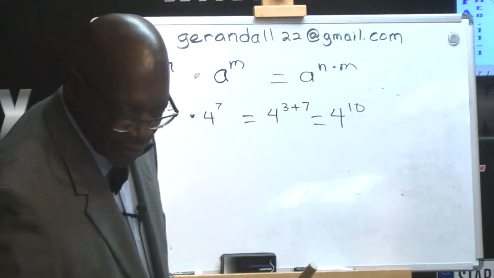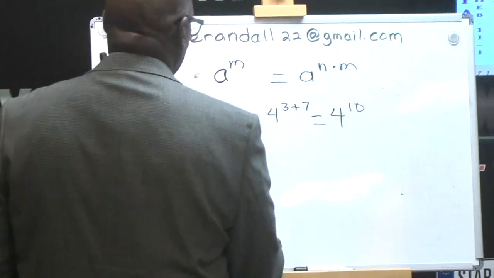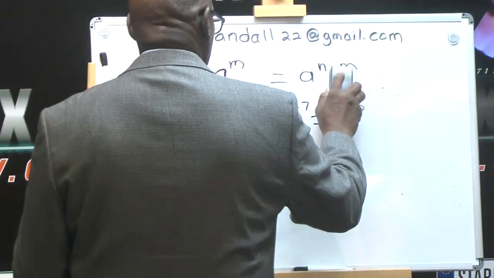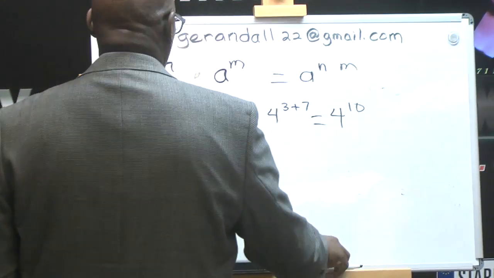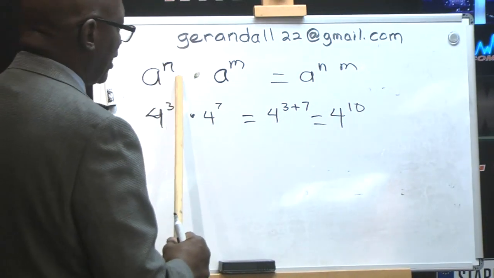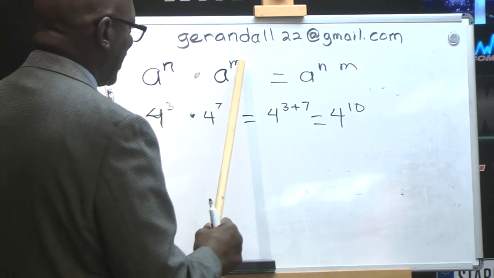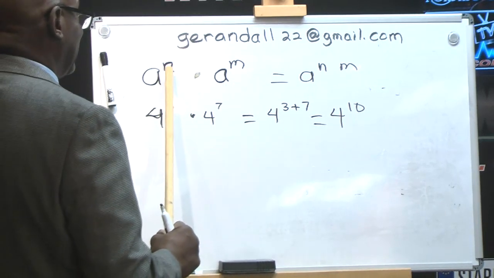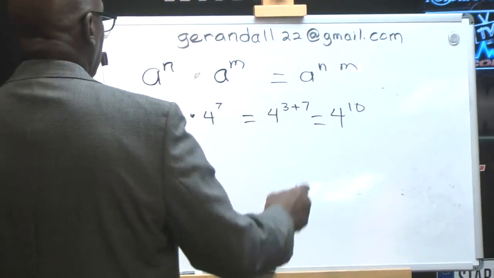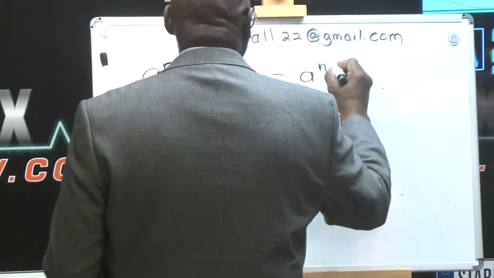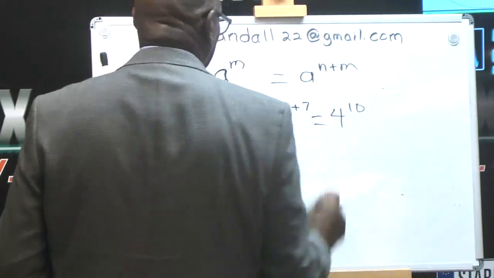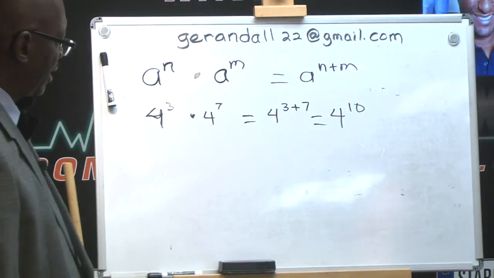What it says is that if we have the same base, in this case A, and we're multiplying a to the n times a to the m, where the a's are not 0, then the answer would be a to the n plus m, okay?